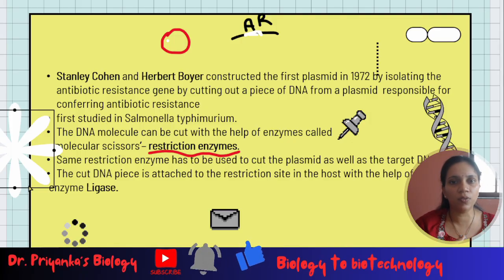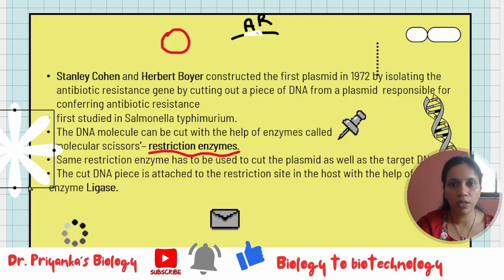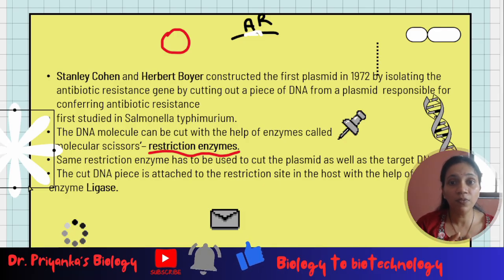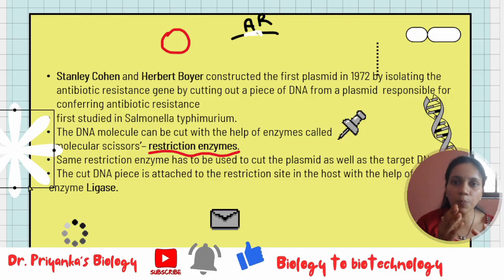Now what scissors we have, we can cut anything that we want. Let's take an example. Suppose you have a very small scissor, and that scissor you can use only for cutting thin sections, say some paper, but you will not be able to cut a thick piece of cloth with that small scissor, because it is made in such a way that it is going to cut only a small part.